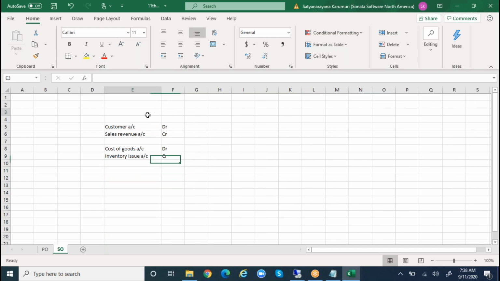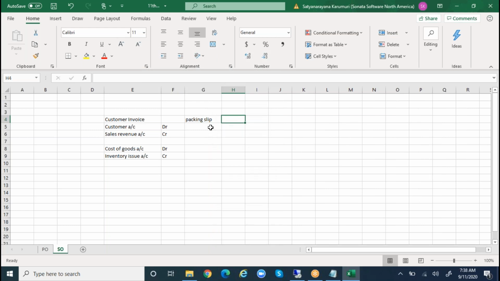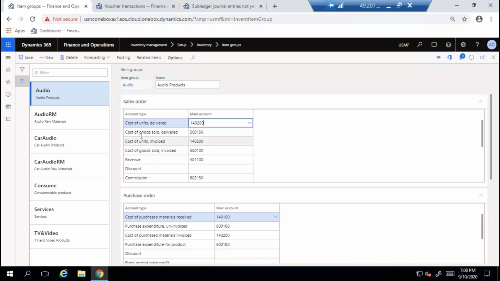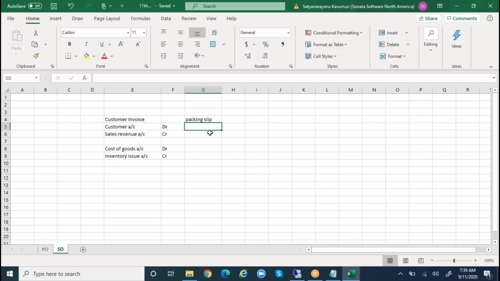Now this is customer invoice. So at the time of packing slip, there are two temporary accounts. It will be posted. So that is packing slip and packing slip offset account. So here cost of units delivered account.